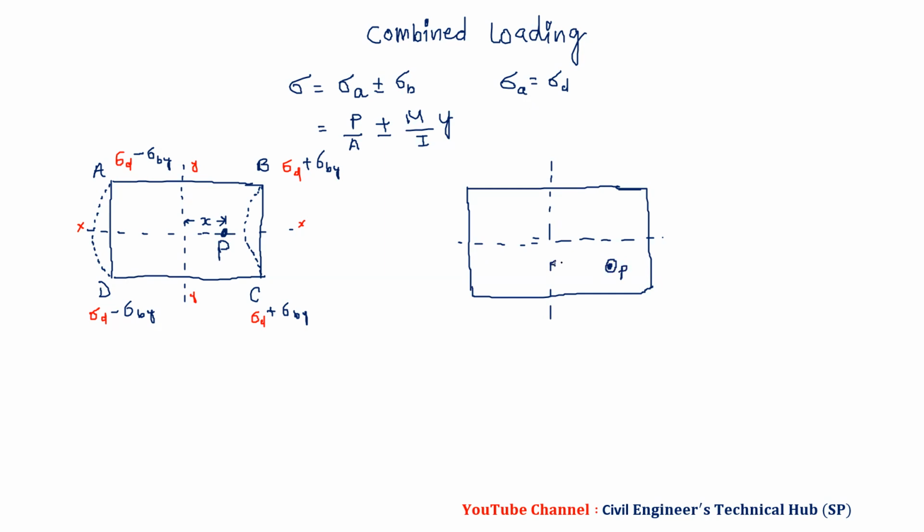We have this distance as X and this distance as Y. This is the y axis and this is the x axis. Now we will write the corners: A, B, C and D.